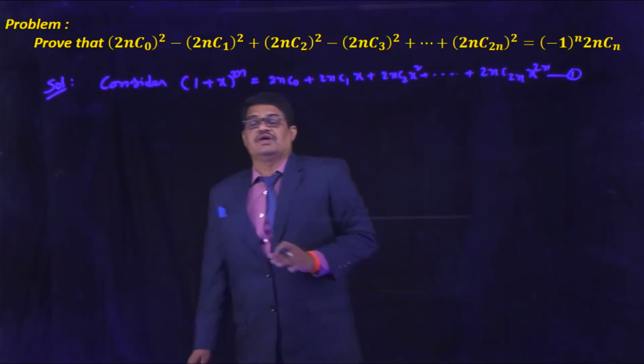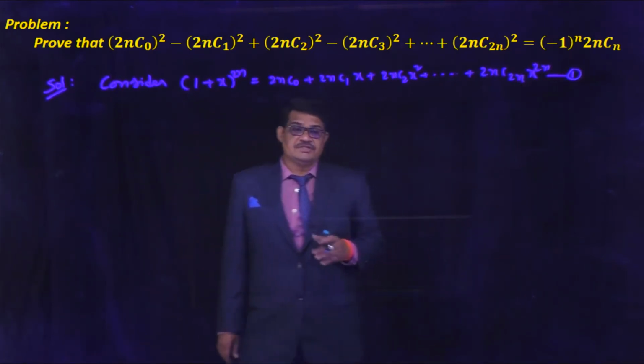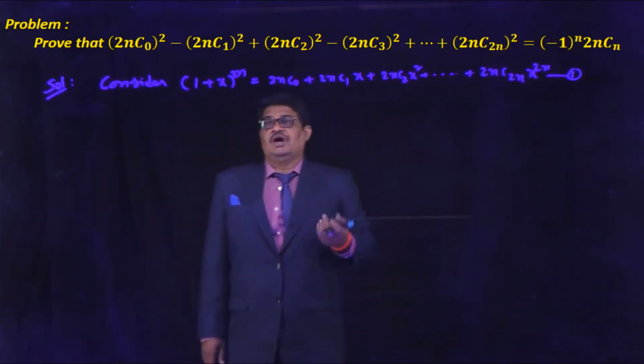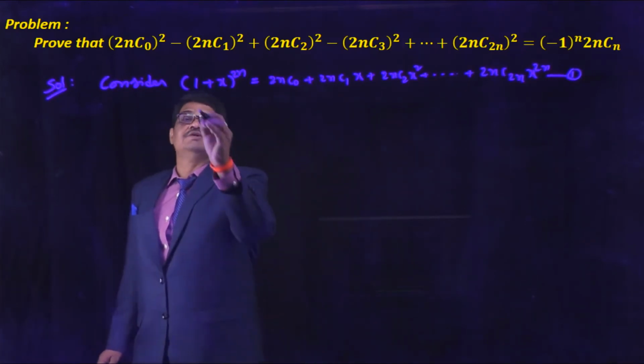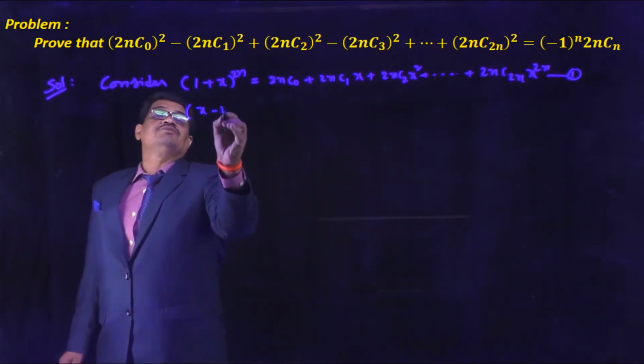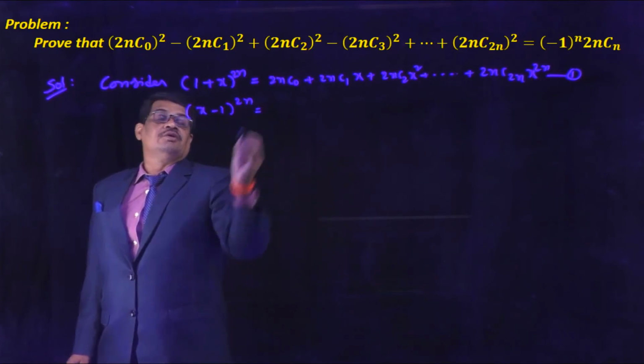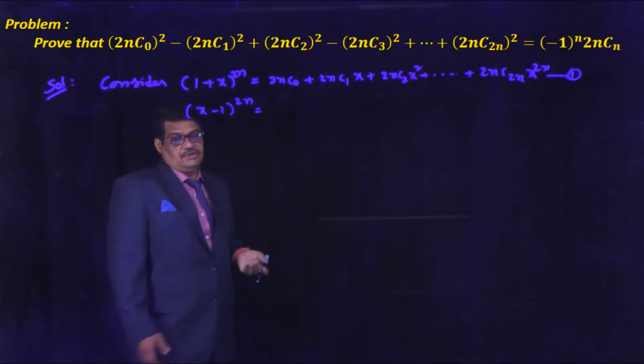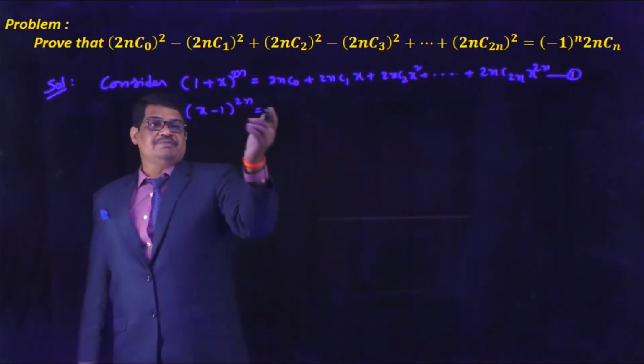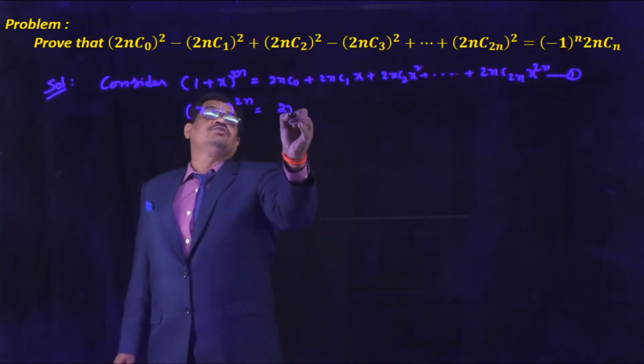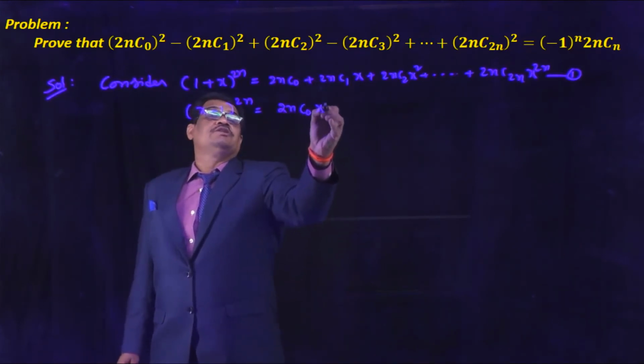So we consider the expansion (1 plus x) whole power 2n and another expression, (x minus 1) whole power 2n. Now what is the expansion of this? That is 2nC0 x power 2n.